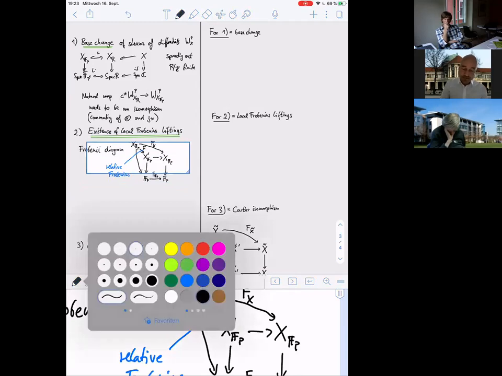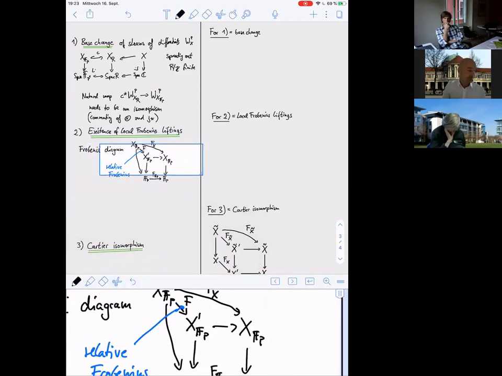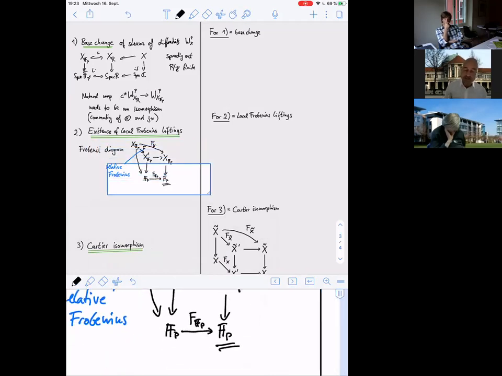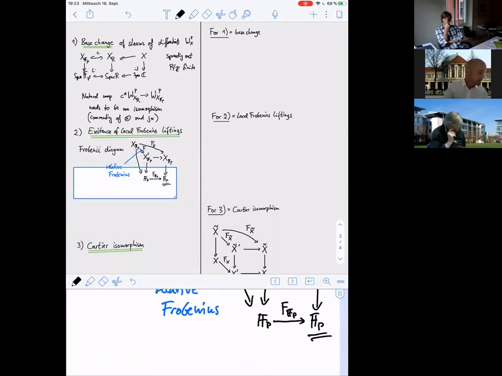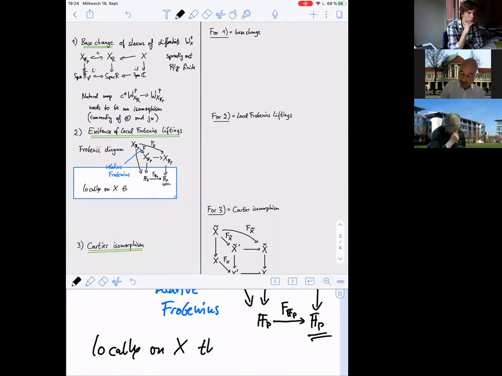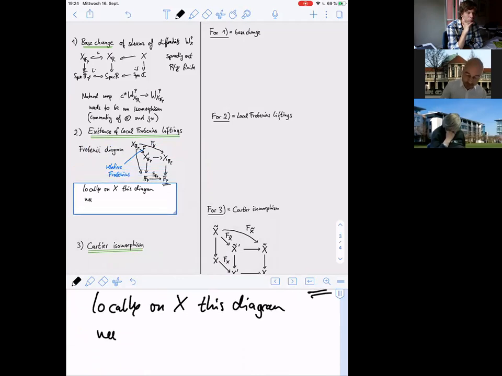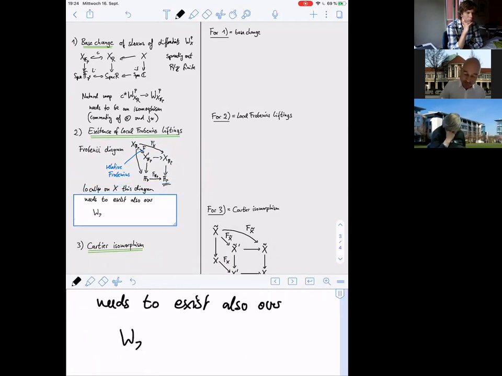And this diagram exists, no problem with it, but you might want that diagram also on a base space that's a little bigger than F_p, and that's called the ring of second Witt vectors. So locally on X, this diagram needs to exist also over what's called W_2(F_p).